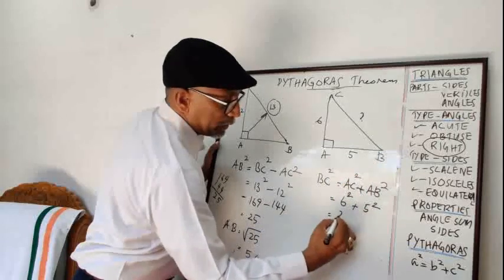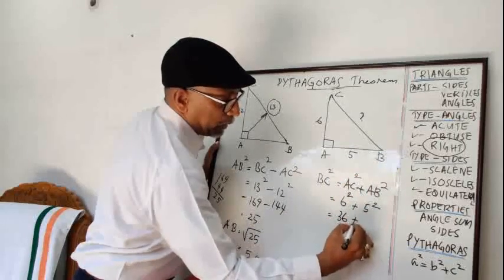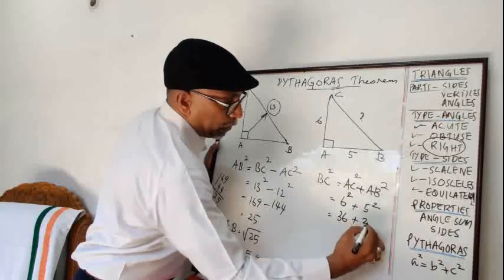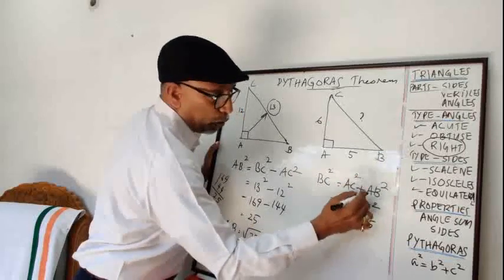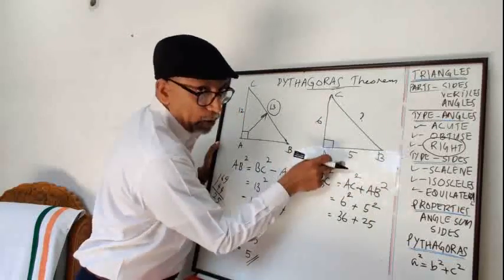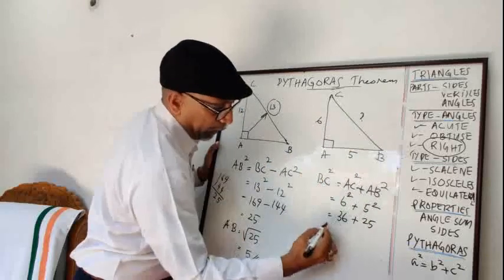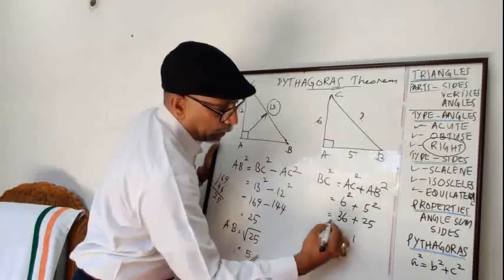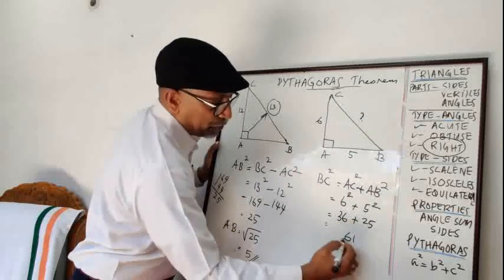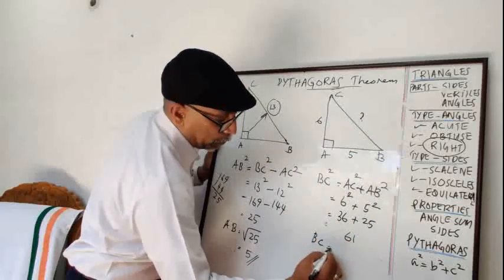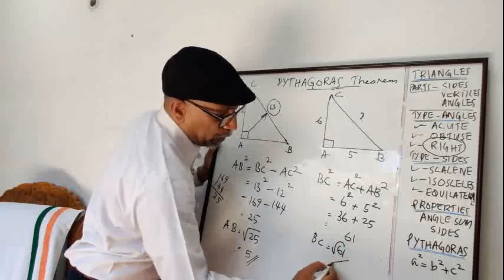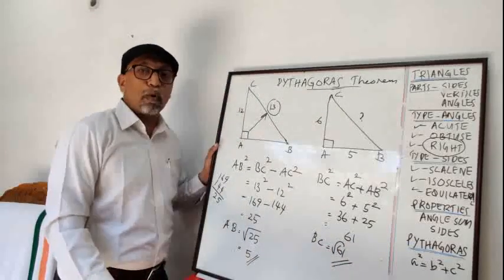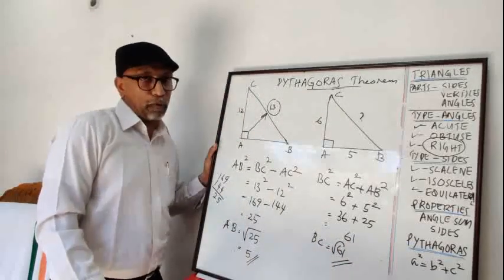So 6 square is 6 sixes are 36, plus 5 fives are 25. Why this plus, you understood, no? These are two smaller sides. You have to add them and get the bigger side. So 36 plus 25 is 61. So BC is equal to square root of 61. We cannot find it further, so the answer is square root of 61.